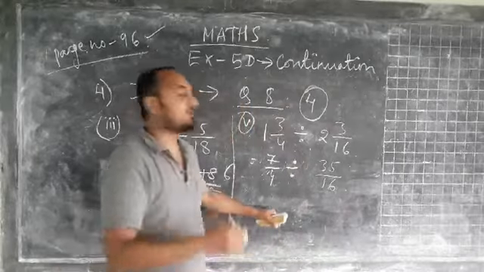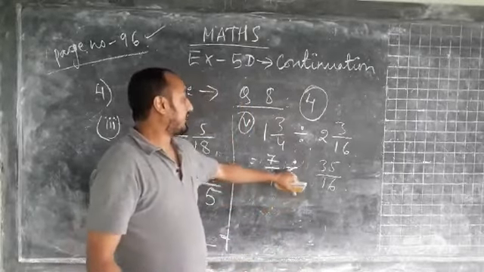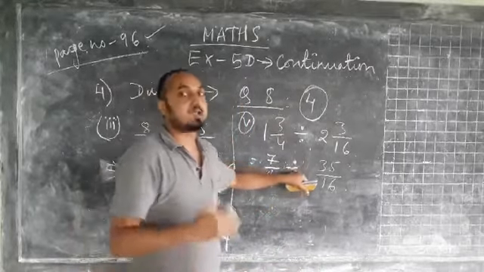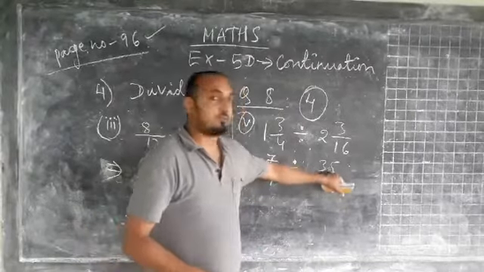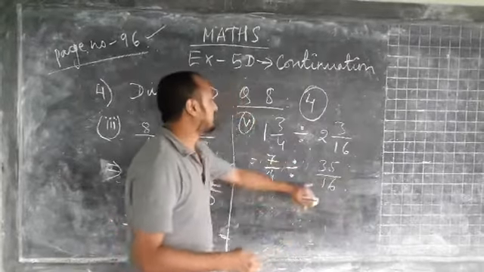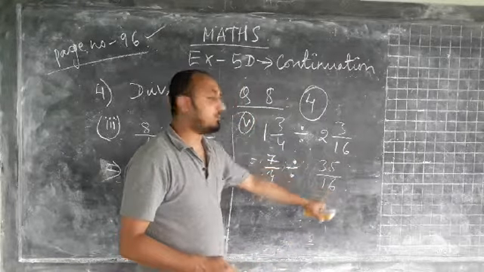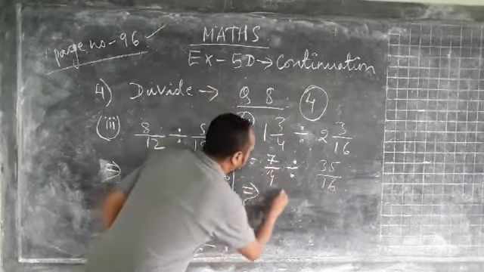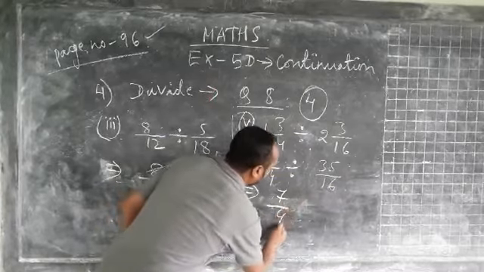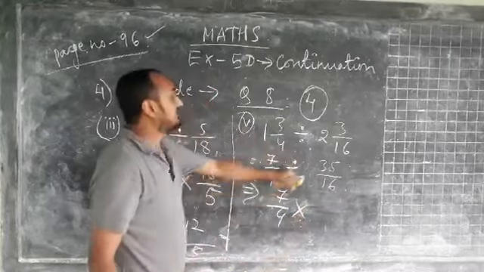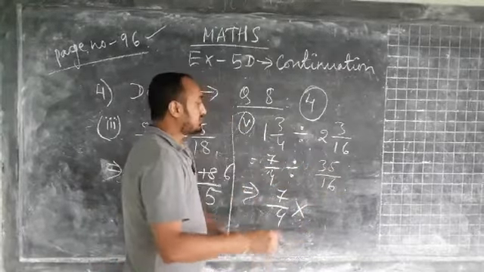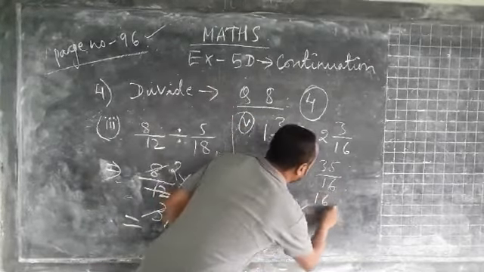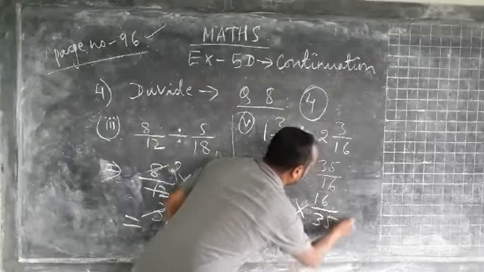Now in order to simplify this, we have to change the sign. While changing the sign, the value will interchange. This 16 will go up and 35 will come down. So next step we have 7 by 4 into 16 by 35.